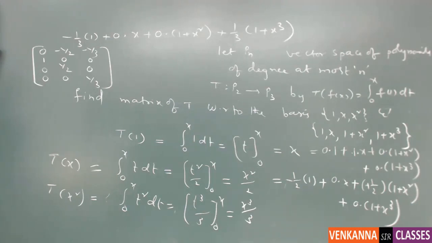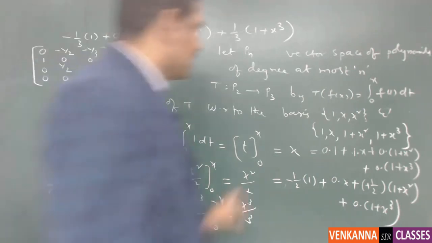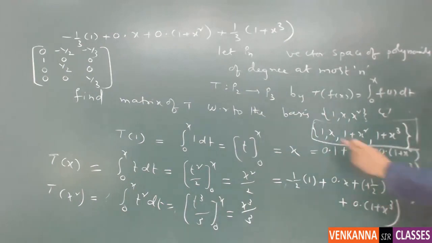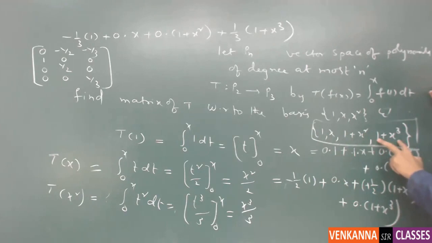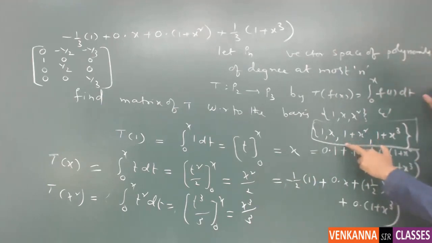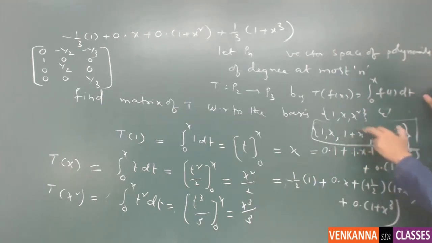So earlier we calculated the matrix of, because you need to get x square by 2, right? I have only these things available: 1, x, 1 plus x square, 1 plus x cube. So in order to get x square by 2, I can write 1 by 2 here. So I will get 1 by 2 plus x square by 2.